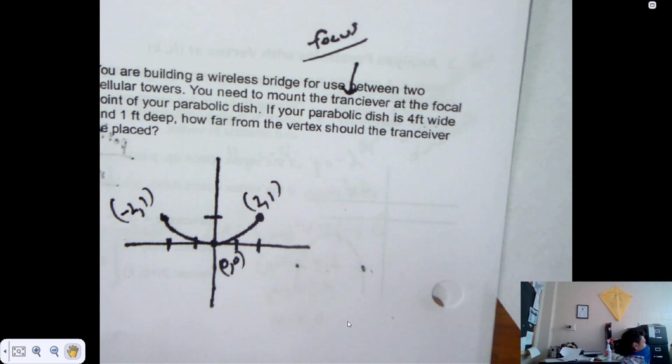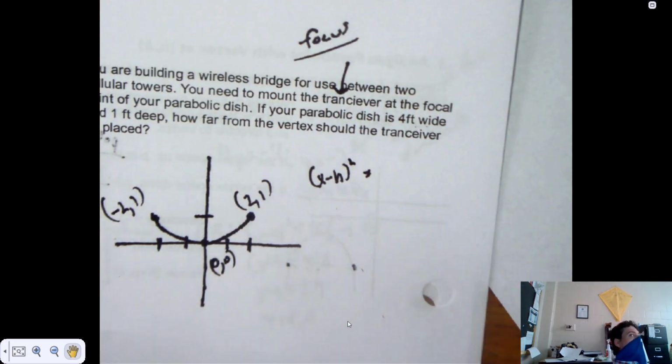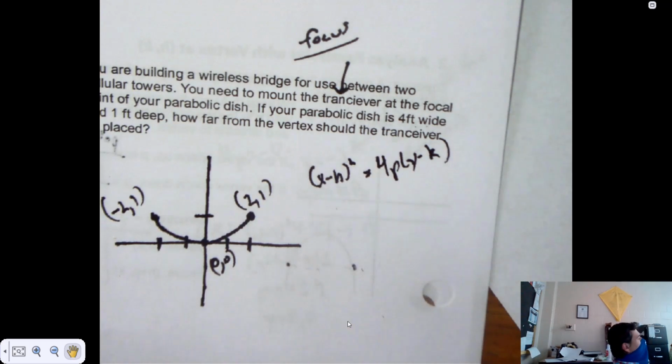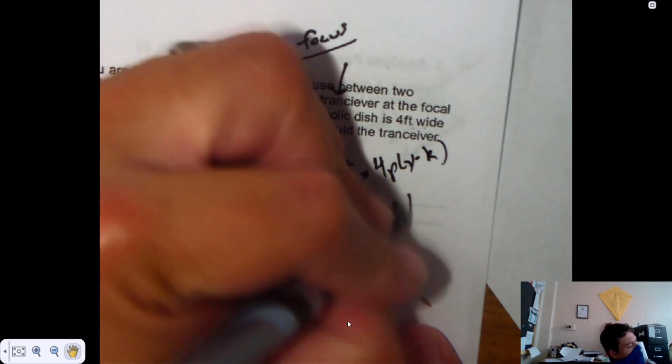X pieces are squared, so x minus h squared equals what? 4p times y minus k. Now, this is really easy because of the way you chose to draw this thing. Well, the way I chose to draw this thing, it makes life easier because h and k are just 0. So we get to use the easier form, x squared equals 4py.